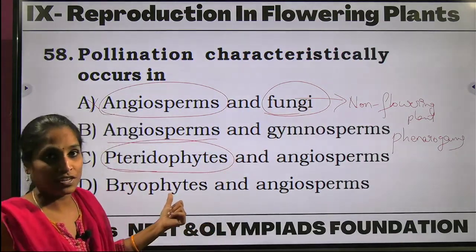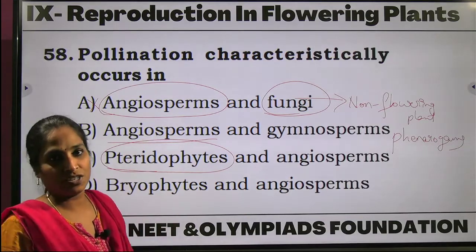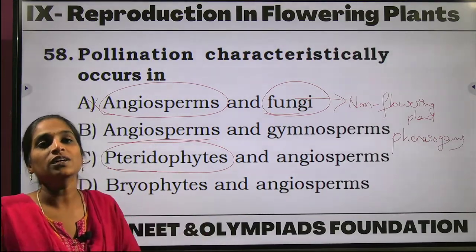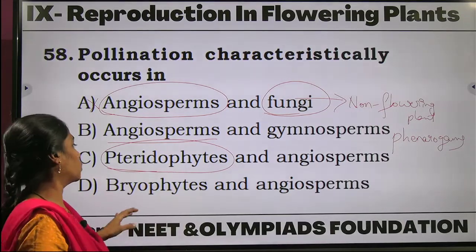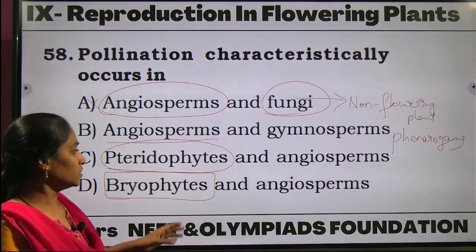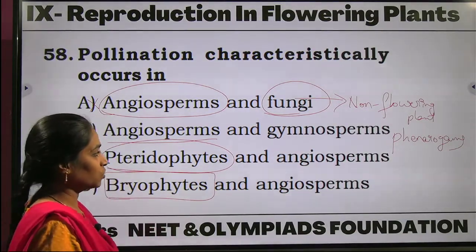We can't observe pollination there; fertilization occurs directly and the male gamete reaches the female through water, and bryophytes follow the same process, so no pollination occurs in bryophytes.